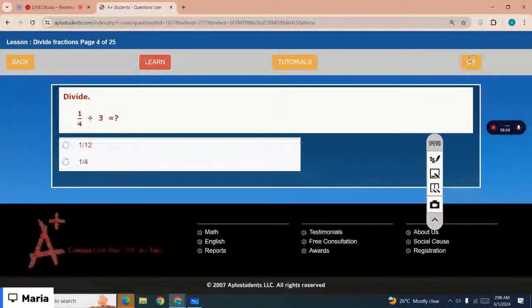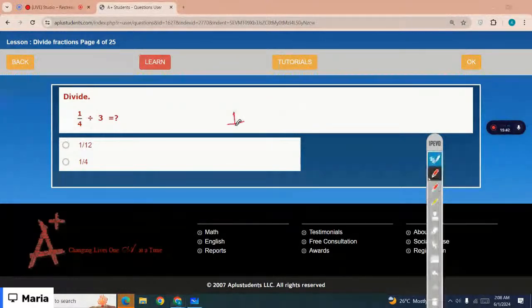Okay, the next one is 1 by 4 divided by 3. So you need to change that division sign to multiplication. So that is 1 by 4 multiplied by the reciprocal of 3 by 1. The reciprocal of 3 by 1 is 1 by 3.